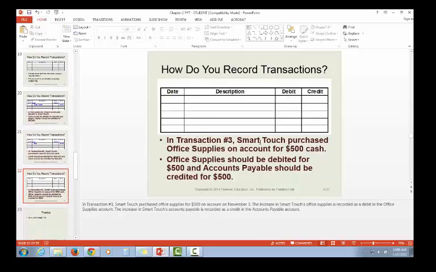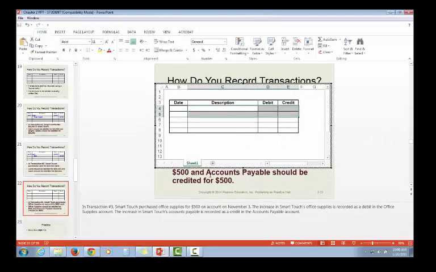So then in transaction 3, it says they purchased office supplies on account for $500 cash, all right? It kind of confused you there because it says on account and cash. So let's assume this is the 22nd. So we're purchasing supplies.